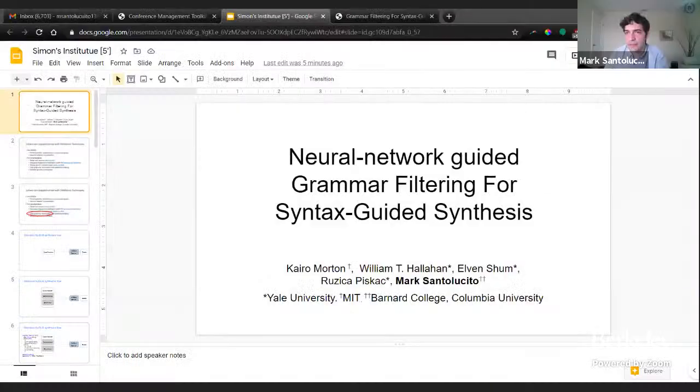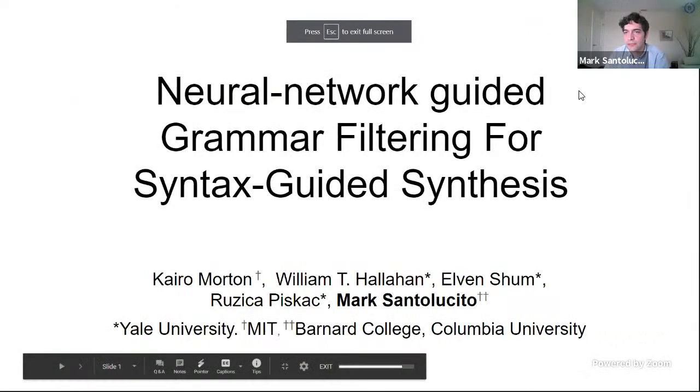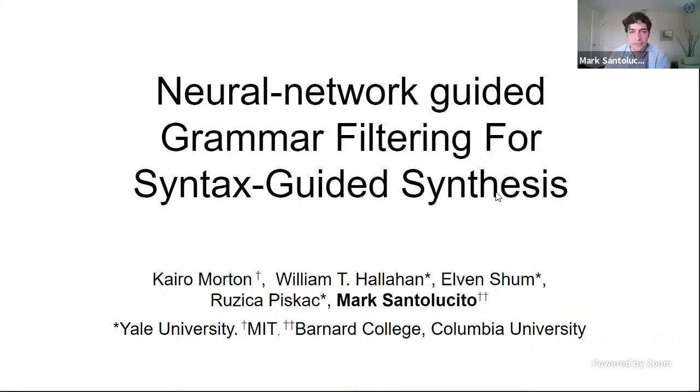Sure. Can everyone see the slides here? Yes. Okay, so because we're all virtual, I decided the poster didn't make so much sense. So I'll just go through some short slides, and I'll talk about how we can use neural networks to assist with syntax guided synthesis.